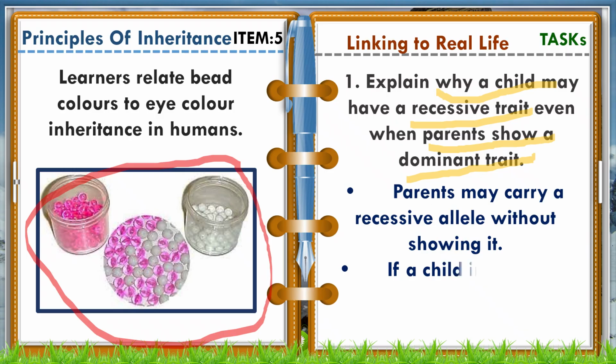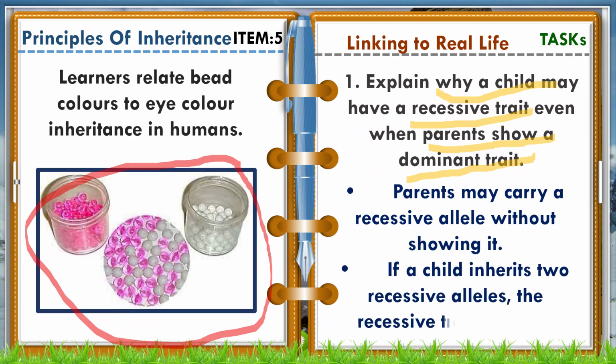So, the parents may carry a recessive allele without showing it. If a child inherits two recessive alleles, then the recessive trait appears.